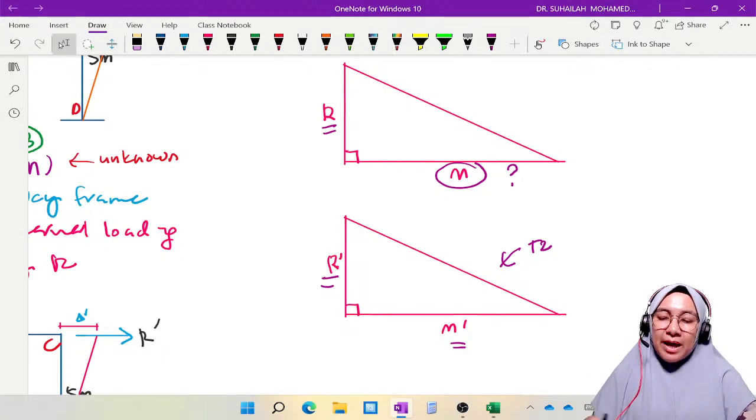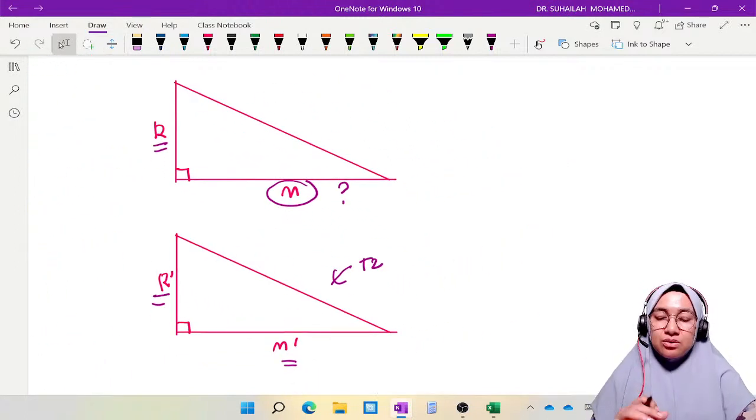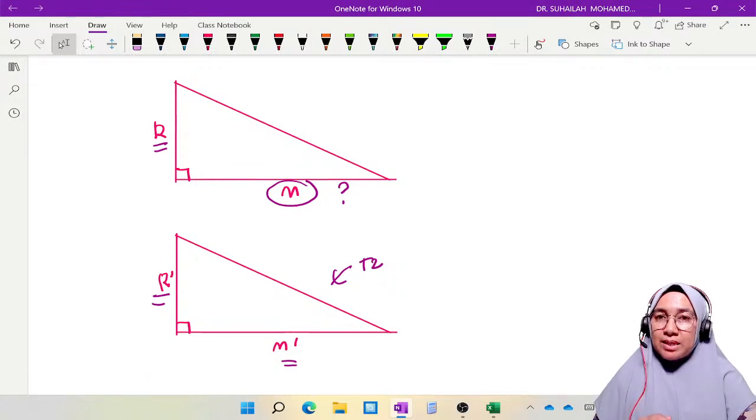Okay, having these two triangles, we can write a relationship based on the interpolation method, between r and m and r prime as well as m prime.